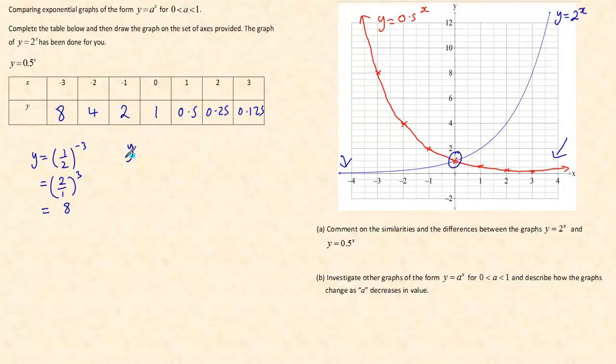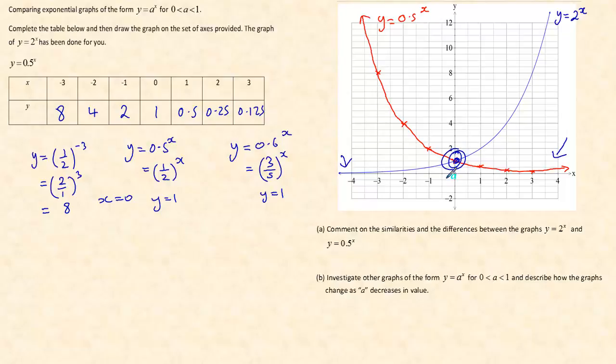So let's think about y is 0.5 to the x, and let's take 0.6 to the x as well. So remember, this one is the same as saying a half to the x, and this one would be the same as saying 3/5 to the x. So if x is 0, clearly both of them give us y equals 1, and that's why we got the intercept here.